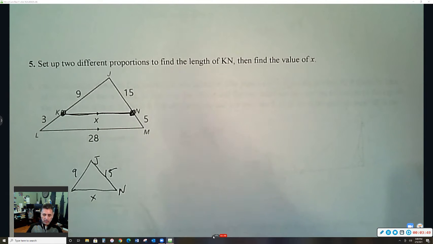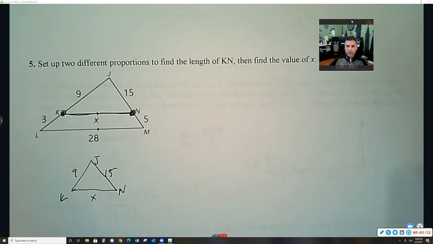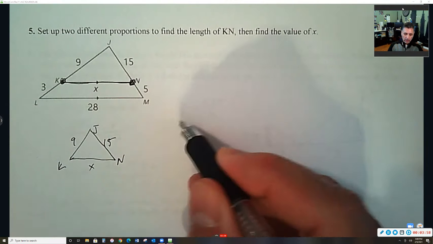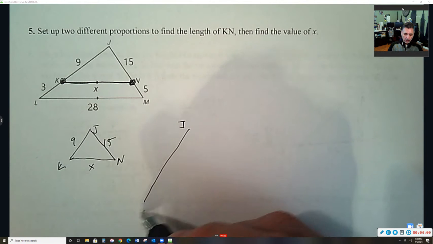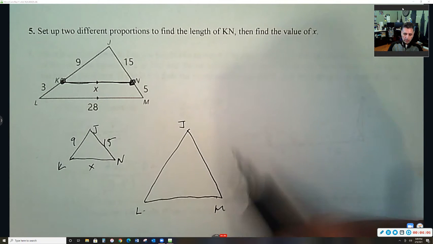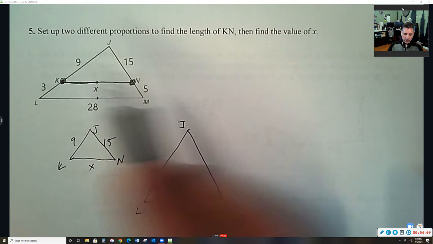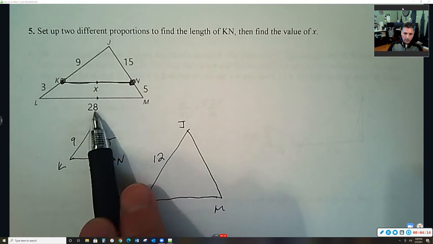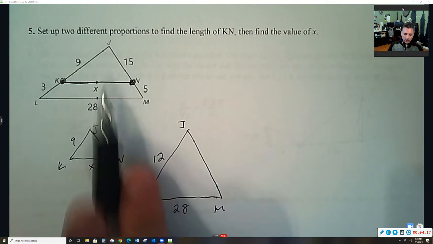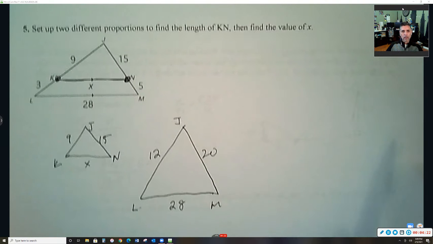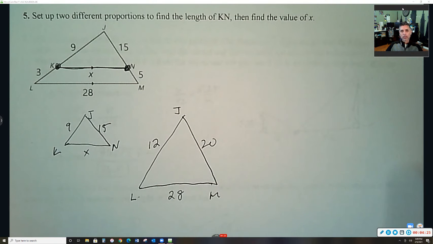And then the other triangle, the bigger triangle, goes from J to L to M. JL is 9 and 3, which make 12. L to M is 28. And J to N is 15, 20. So those are the triangles pulled apart.